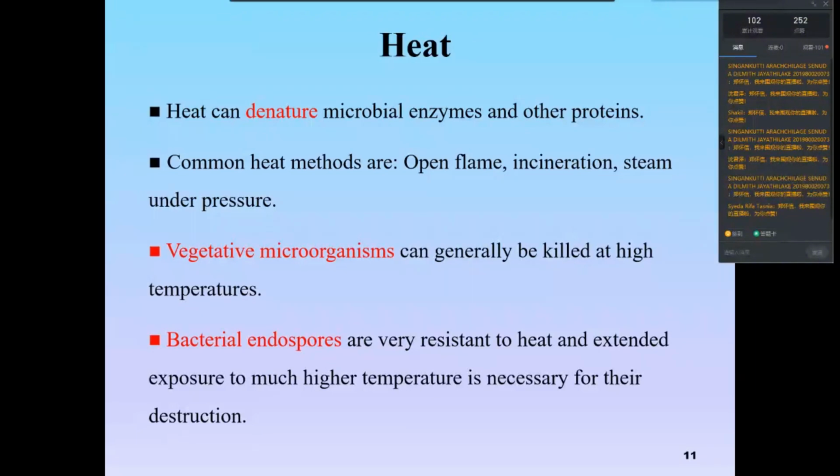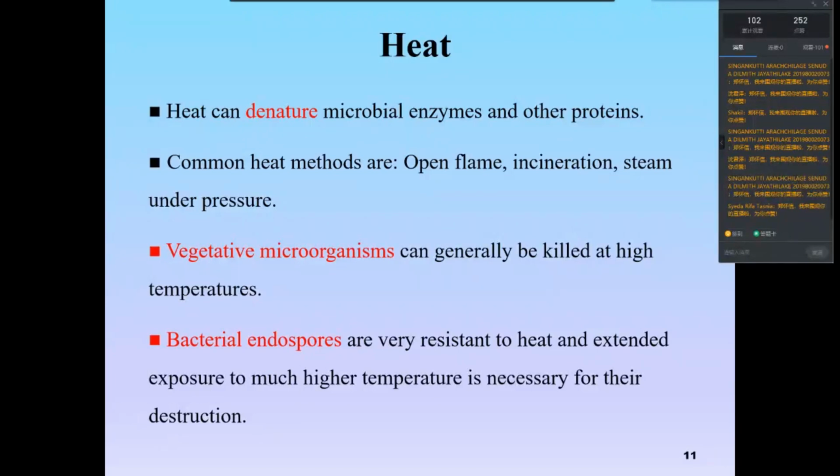Regular vegetative microorganisms, like replicating bacteria such as E. coli, can usually be killed at high temperature. If you increase the temperature to 50-60 degrees, they can be killed quickly. So that's not a problem, but the problem is the endospores.